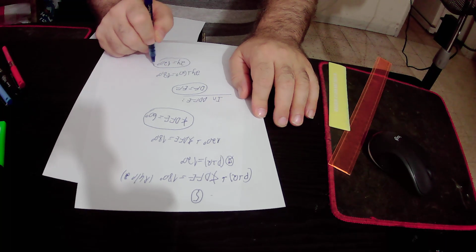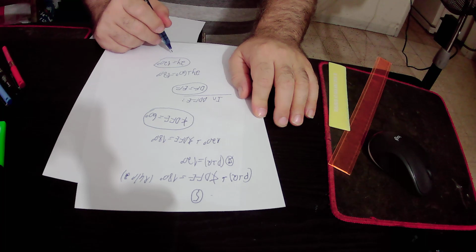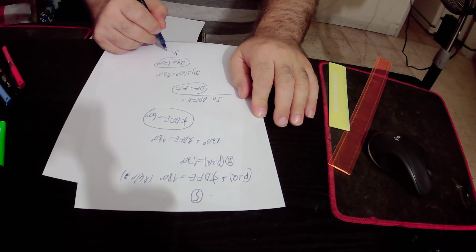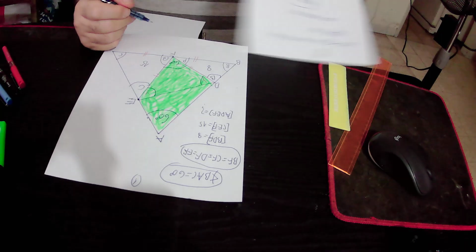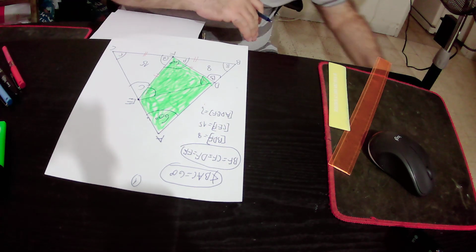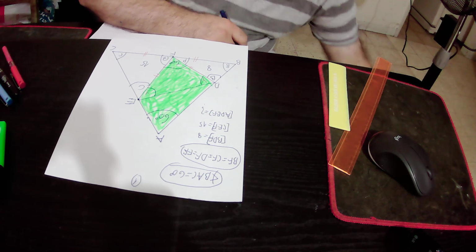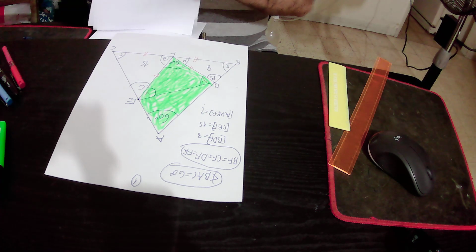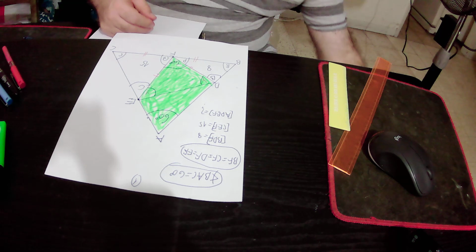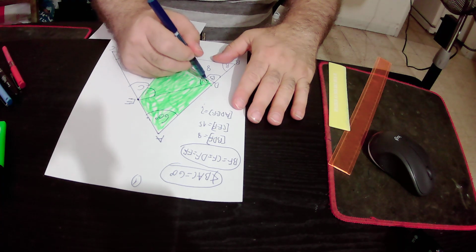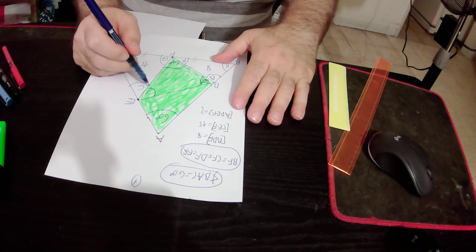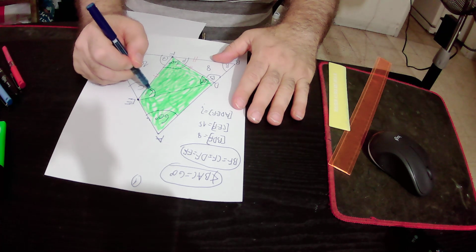So here we will divide this equality by 2 in order to get the value of y, and we will get that y equals 120 degrees over 2, which is 60 degrees. So we found out that y equals 60 degrees. So this angle equals 60 degrees, and this angle that equals y equals also 60 degrees.